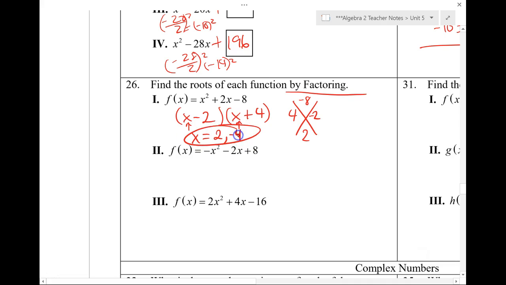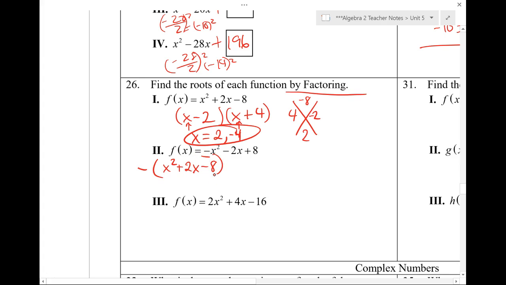Okay. The second one, we're going to have to do a similar thing. However, if you notice, there's a negative in front of that x squared. So you actually are going to have to factor out that negative before you even start, because you want that first coefficient to be positive. So let's factor out a negative. So the first one becomes negative, the second one turns into a positive, and the next one becomes negative.